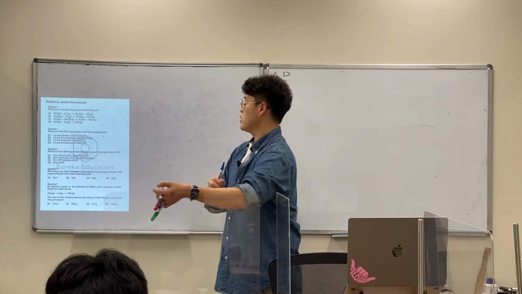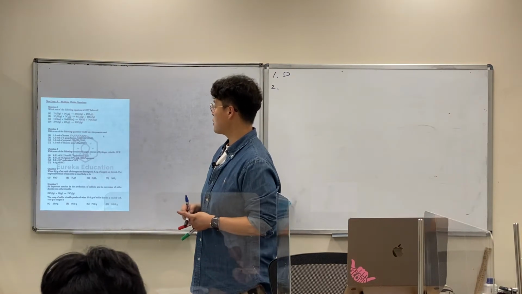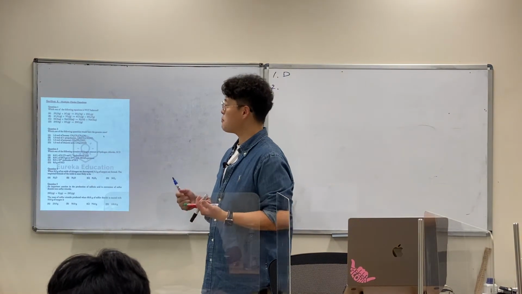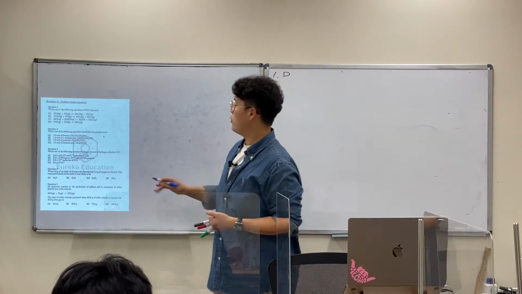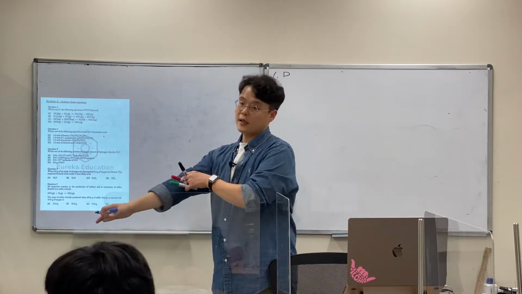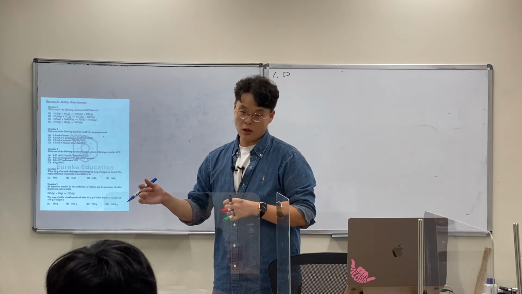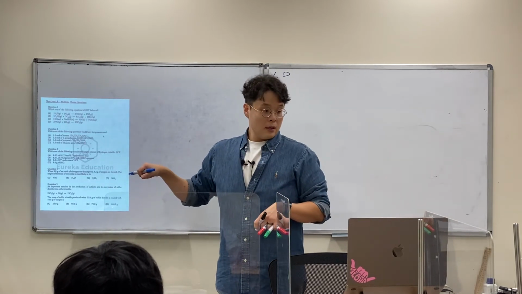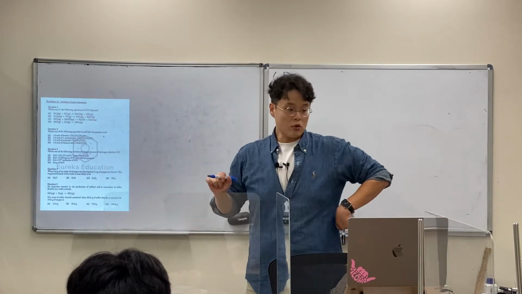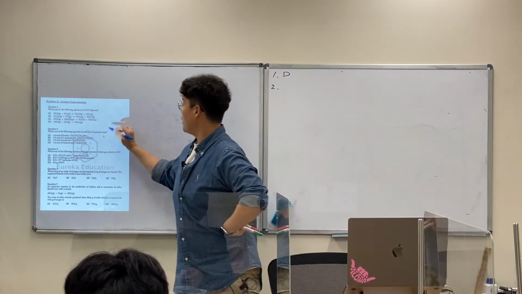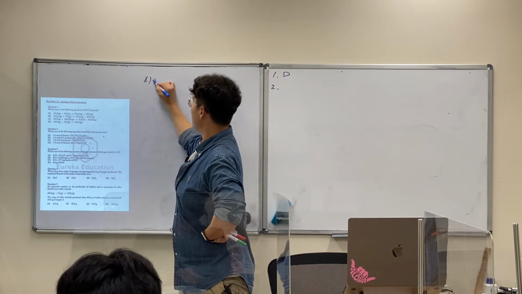Question 2. Which one of the following quantities would have the greatest mass? So how do we find the greatest mass? For that, we need to find the molar masses of everything. The first one, butane, would be 58.1. So A would be 58.1.